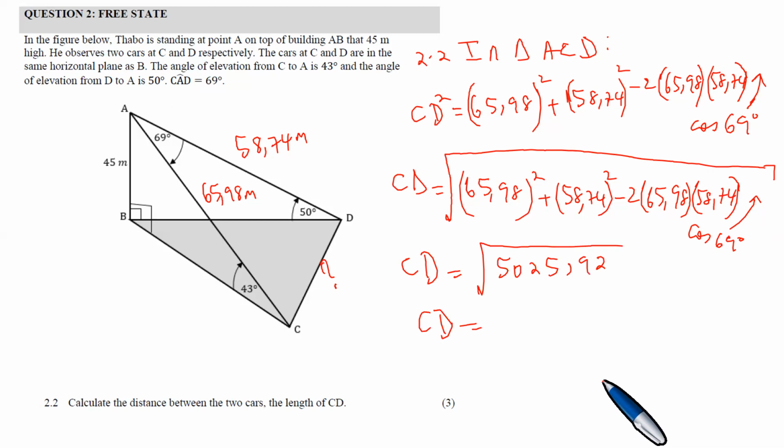So we continue to find the result we desire here. From here, we're able to see exactly what the answer is. So we have the 5025.92. Like that, we calculate this. And if we find the square root of the 5025.92, you raise it to the power 1/2. The answer is 70.89.